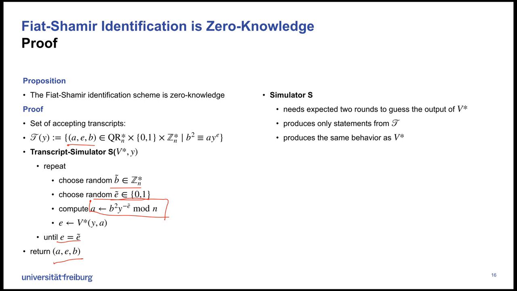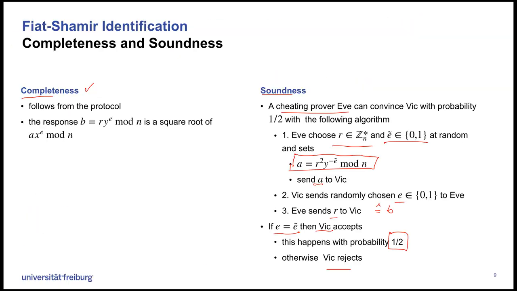I don't know what he's going to say, and the reason I don't know is because he is making his decision depending on A. He's using A. So I don't know what he's doing. So let's just go back to the protocol here.